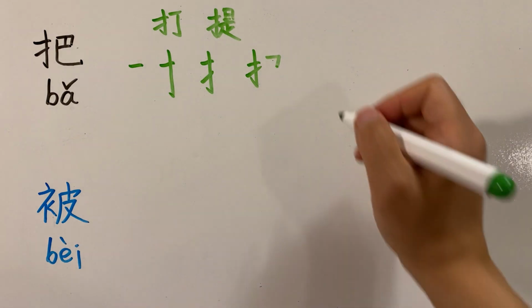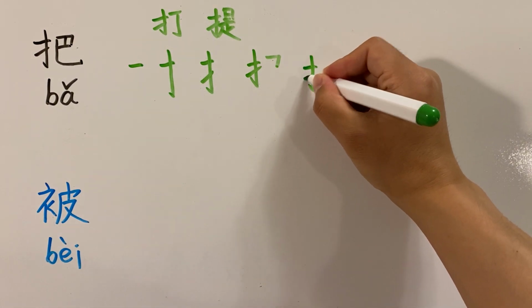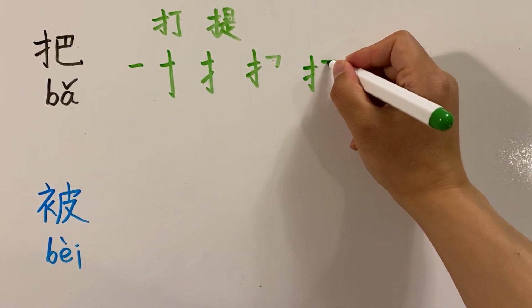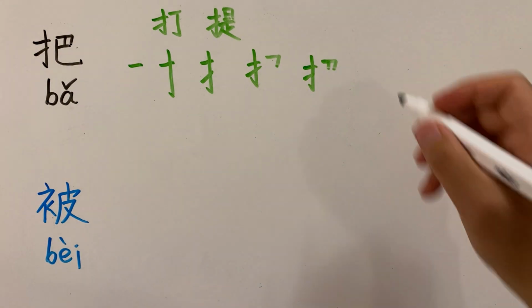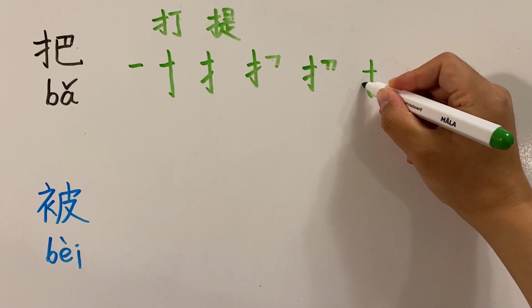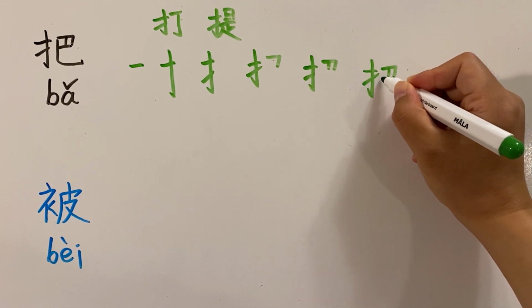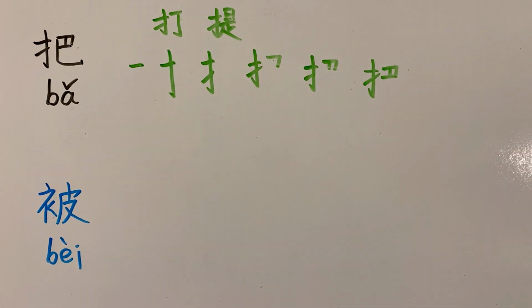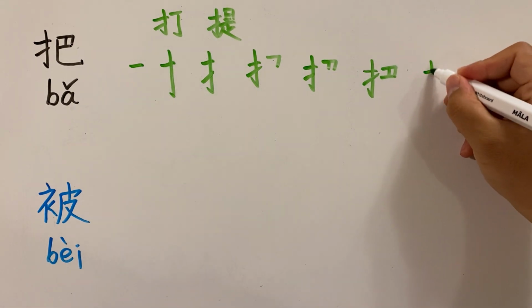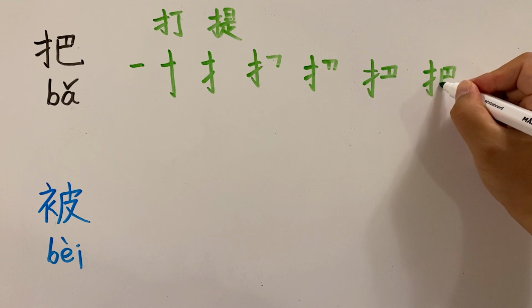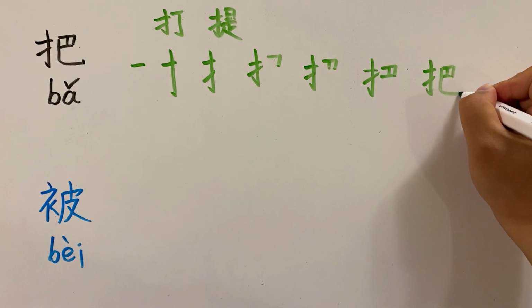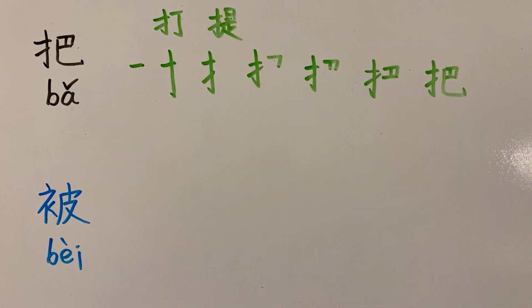And then this little vertical stroke. And then this stroke here. And the last one, vertical turn hook.